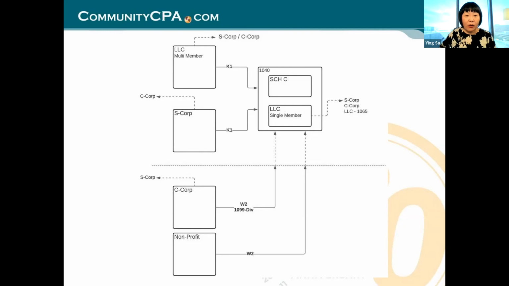And then you can look at the other boxes to understand how I drew them out. And then the S corp, you see, can be revoked back into a C corp. So it's changeable. Then based on the multi-member LLC and S corp, your K1s are going into your 1040. You see that, right? And you see on the 1040, there's Schedule C and LLC single member.